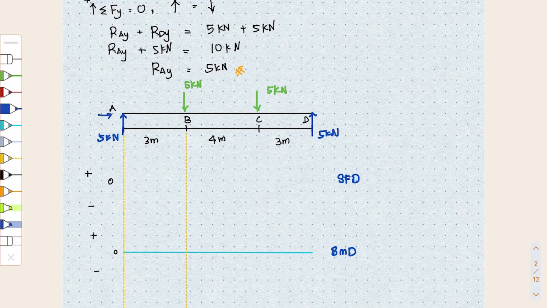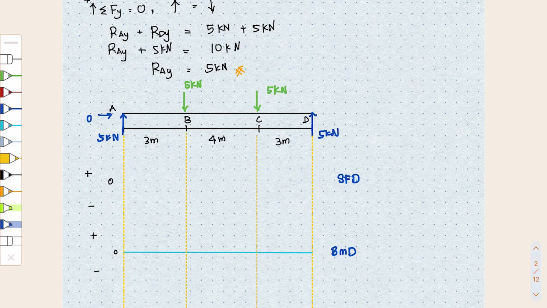Nak letak pun tak apa, tak letak pun doesn't matter. There is no actually direction sebab there is no magnitude, so kosong lah, tetap kosong. Kita kena buat garisan untuk draw the shear force and bending moment dekat setiap point yang ada force atau loading.